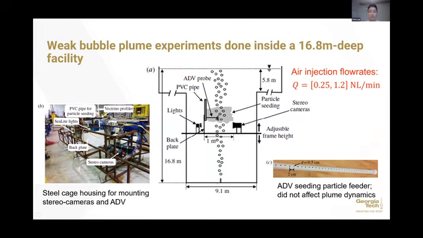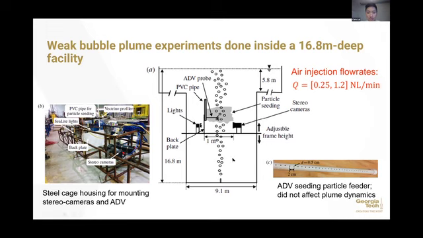The concept is this: at the bottom of the pit, we inject a very low flow rate of air into this wave basin at a constant flow rate, and then we build this 3D cage system so that we can put in our imaging system to measure the bubble size distributions, the plume width, and also measure the liquid phase velocity using an acoustic Doppler velocimeter by Nortek.